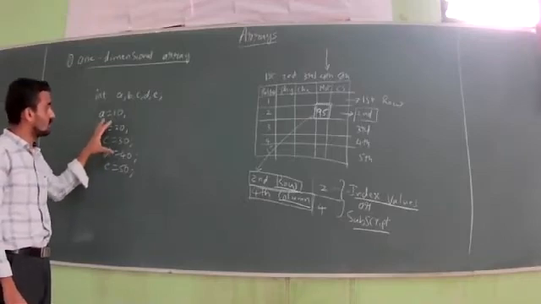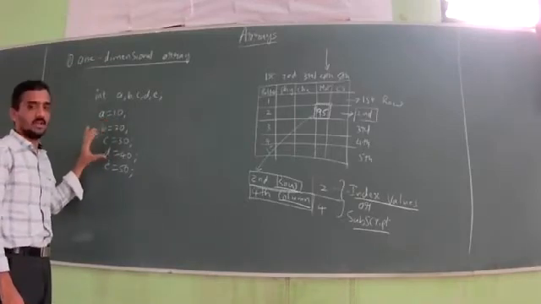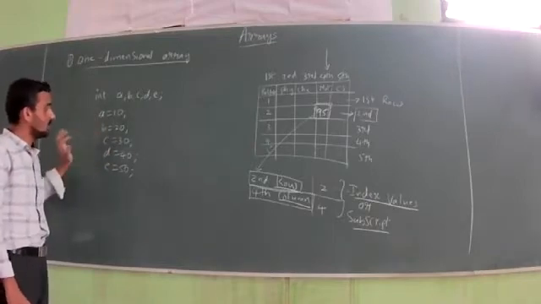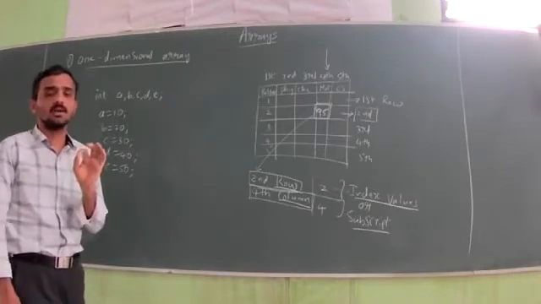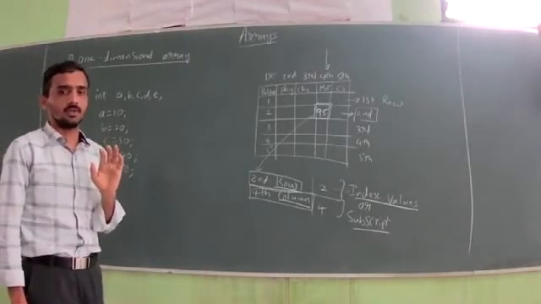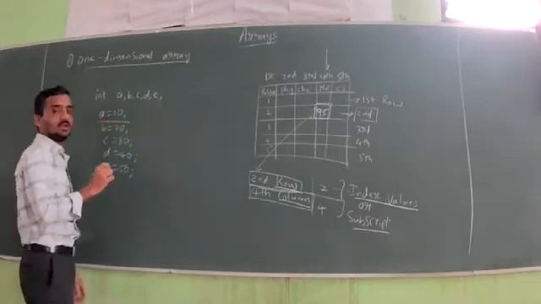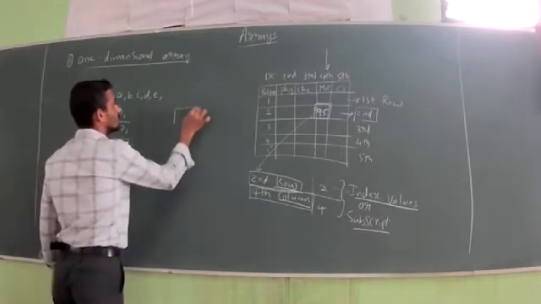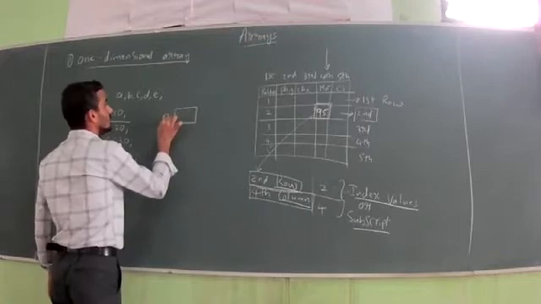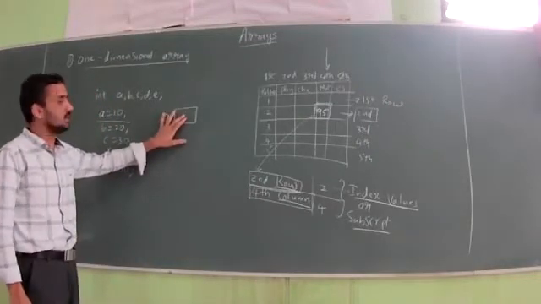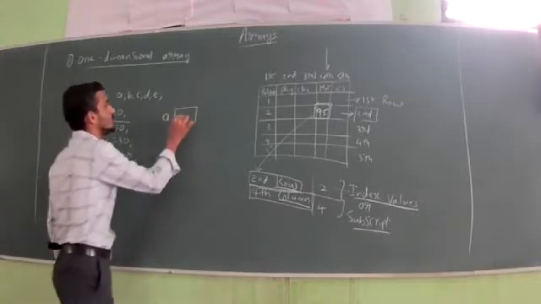So when we store the values in variables, what happens? For every variable, one memory location will be assigned by the compiler. Say if you consider A equals 10, in computer memory you can consider this as the memory location for A, where A is the variable and 10 is the value.